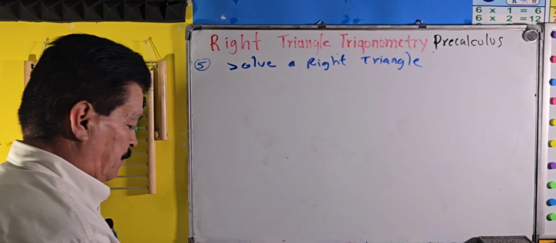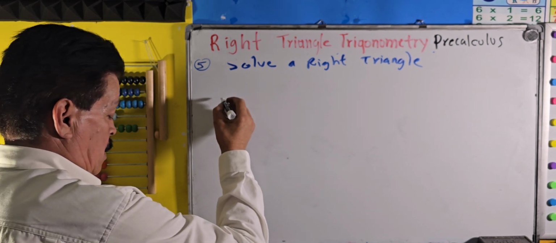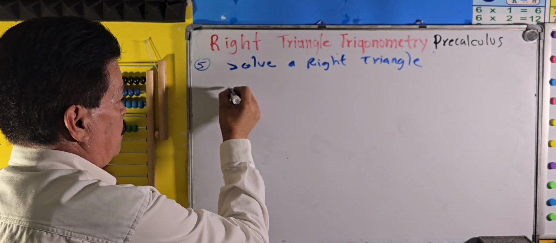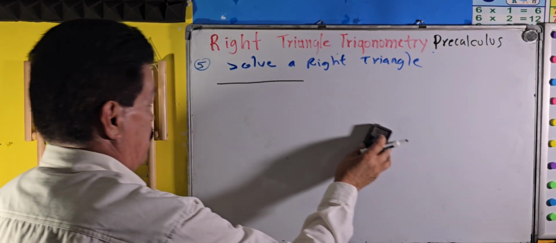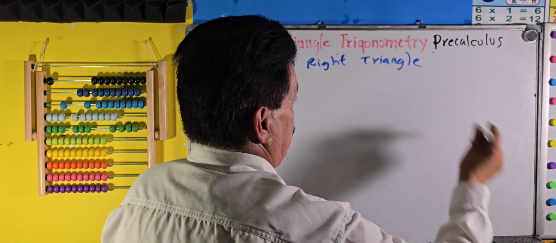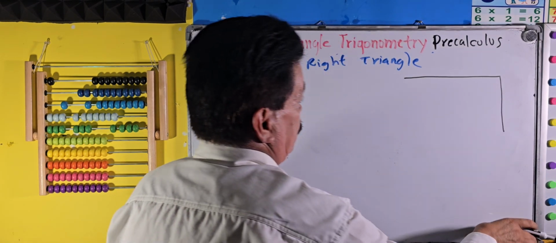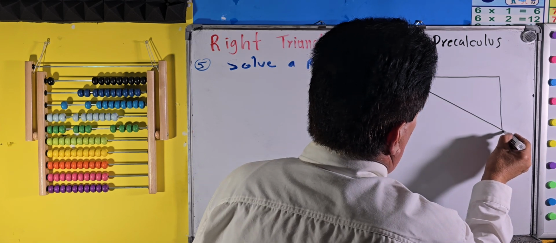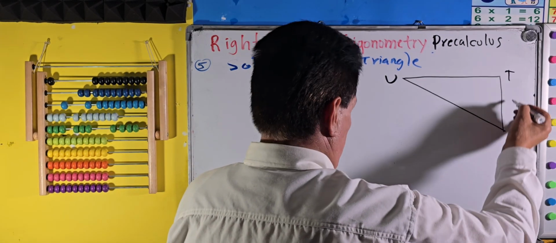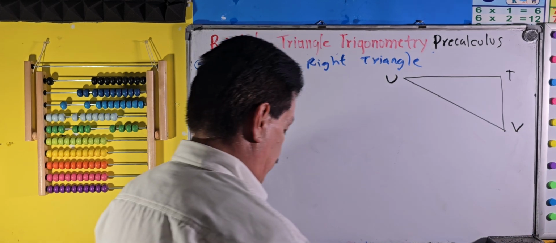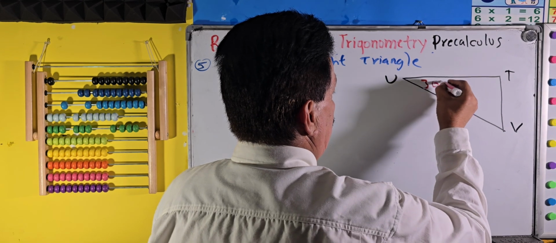So our problem: solve a right triangle. If we have this triangle, we can make a picture. All right here. The vertices are T, U, and V. This is 30 degrees.